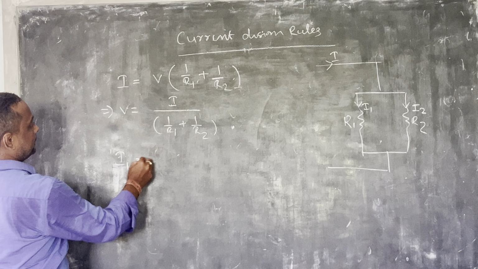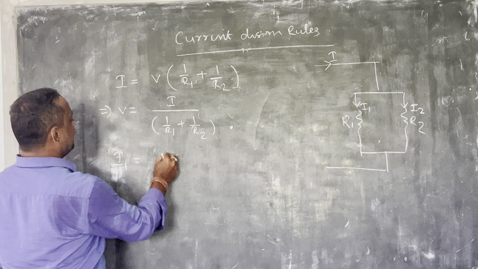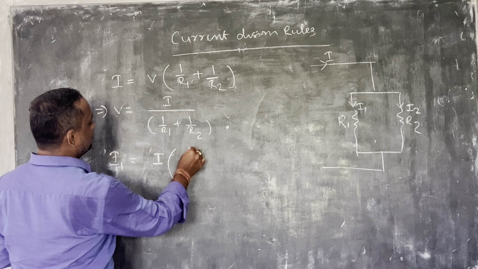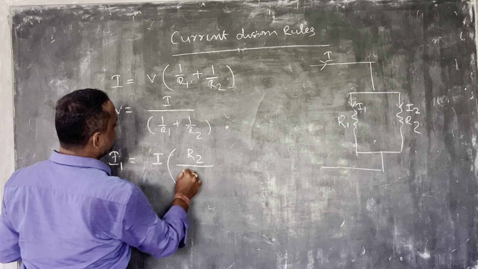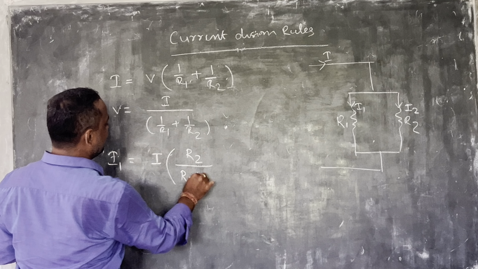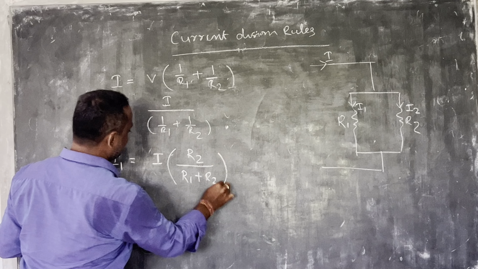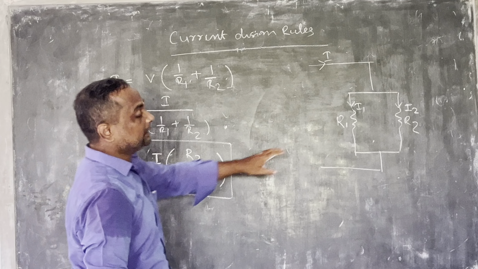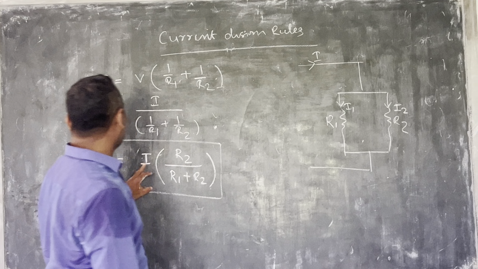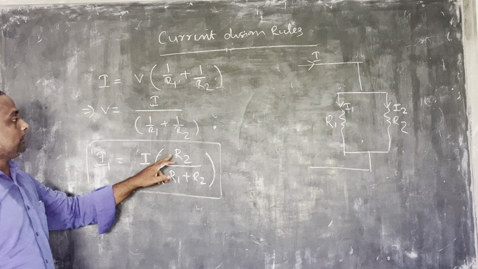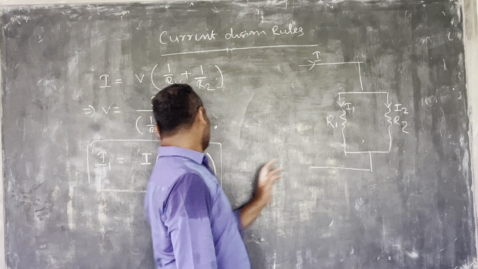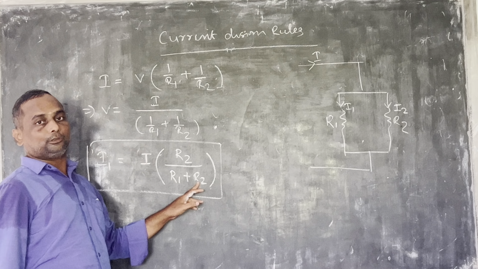Here, we can find I1 as the total current I into the opposite resistance R2, divided by the sum R1 plus R2.